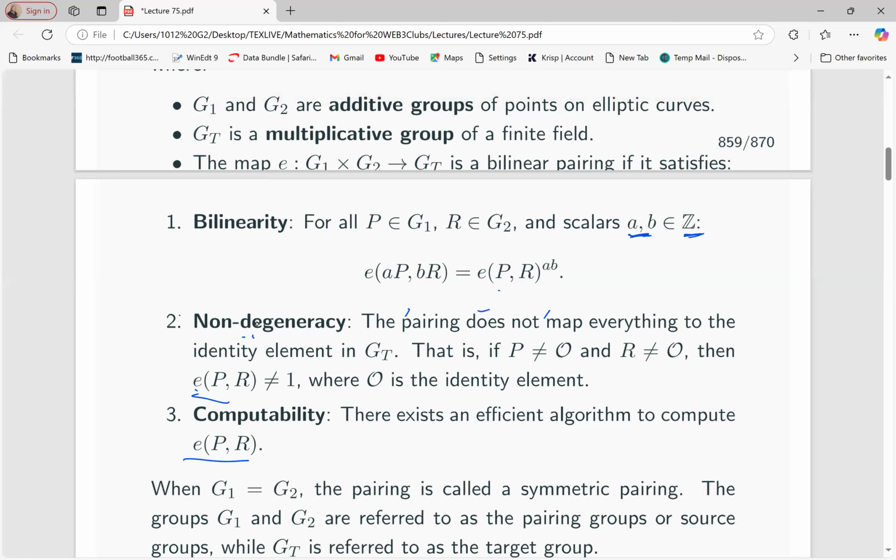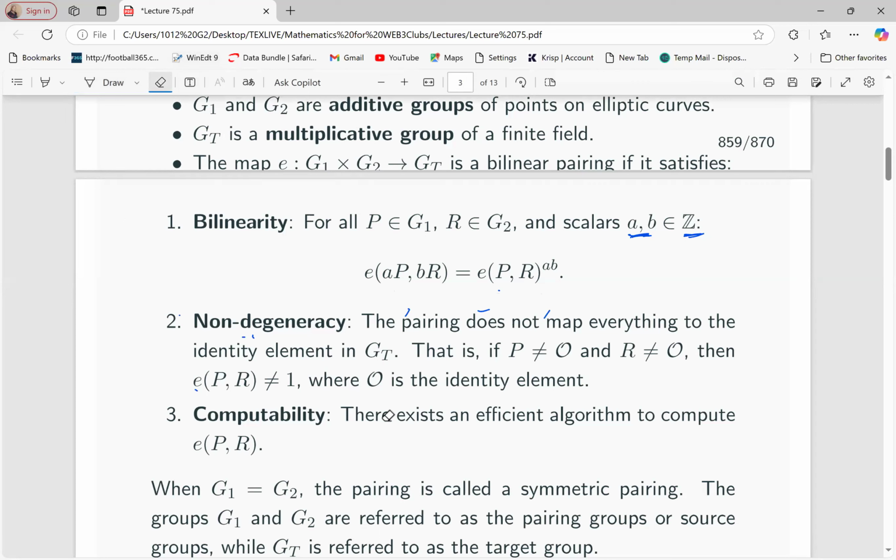But if no algorithm can compute this, then it's not a bilinear pairing. For it to be, there must be an algorithm that can compute it. So that is the last property that it must fulfill.